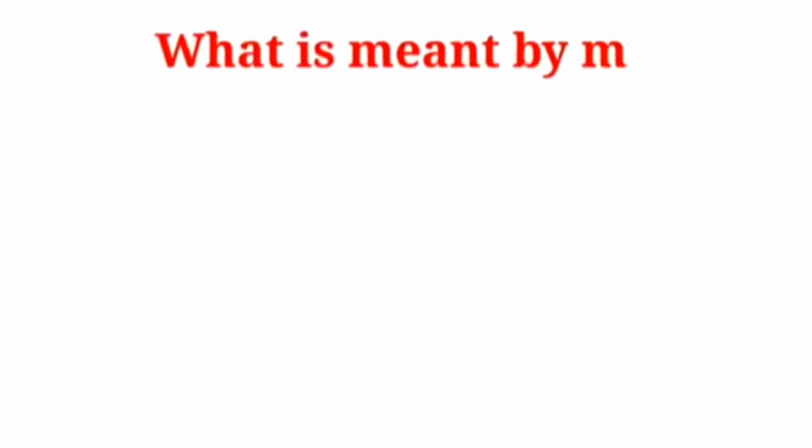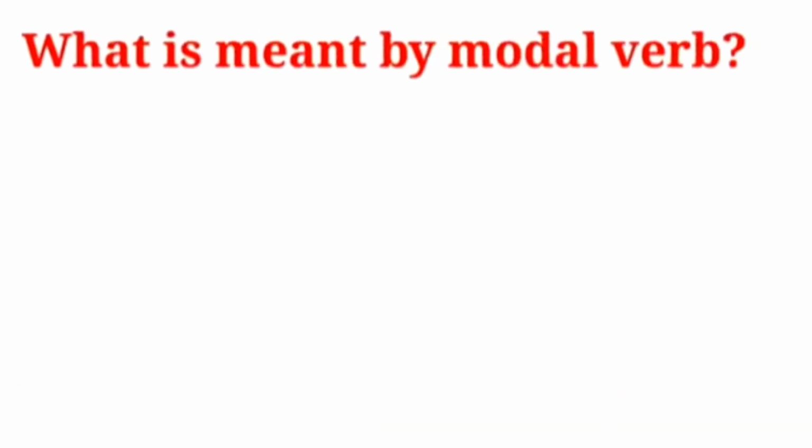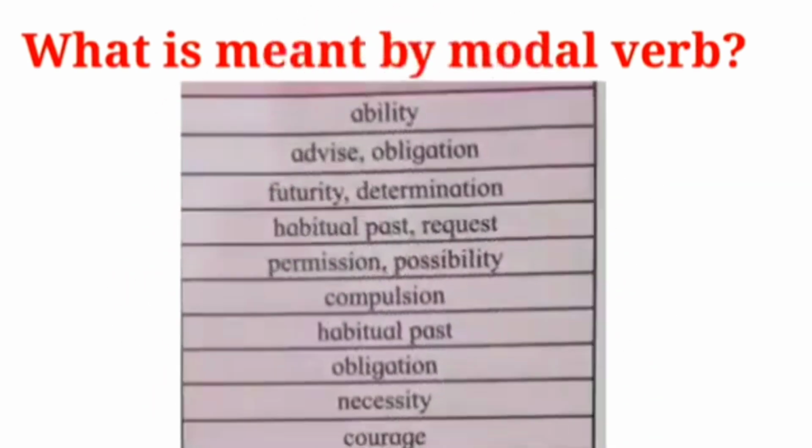What is meant by modal verbs? Modal verbs are the words which are used to express ability, advice, obligation or compulsion, futurity, determination, habitual action in the past, request, permission, possibility, necessity, courage, etc. So in this way, modal verbs are used to indicate modality.